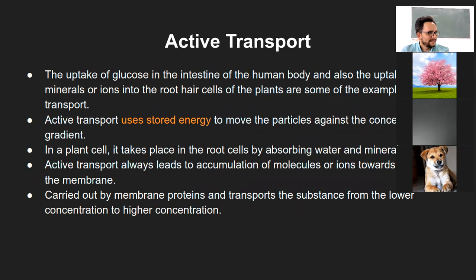Okay, so since active transport is the movement of minerals against the gradient, from a place of lower concentration to higher concentration. Correct. Otherwise, it will be diffusion.